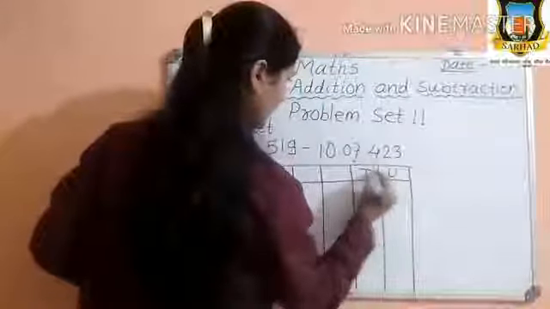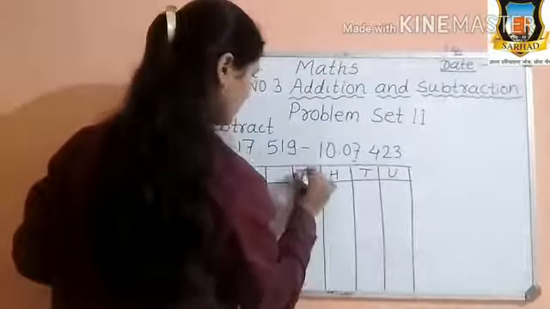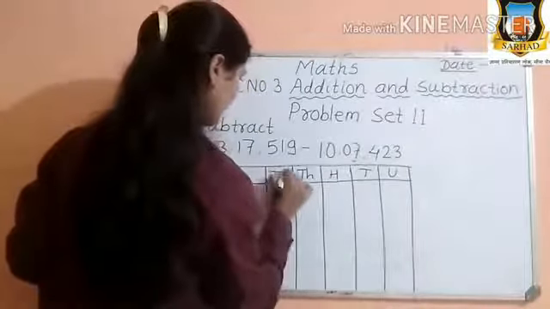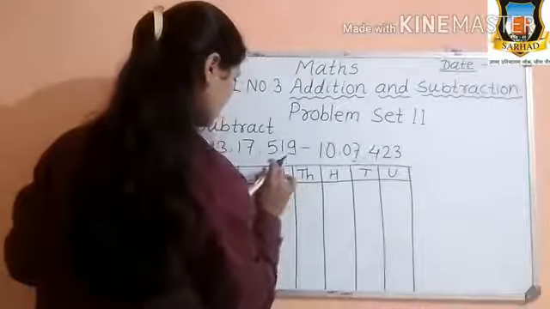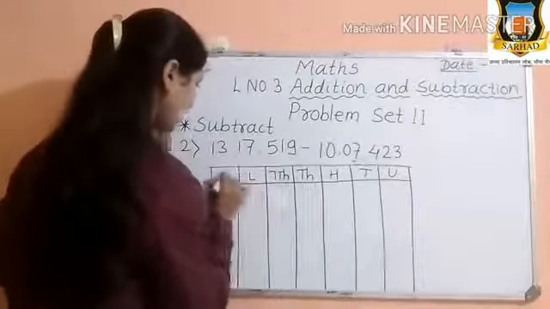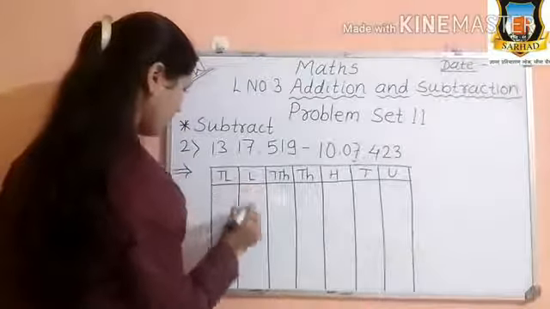Unit, tens, 100, 1,000, 10,000, lakh and 10 lakh.